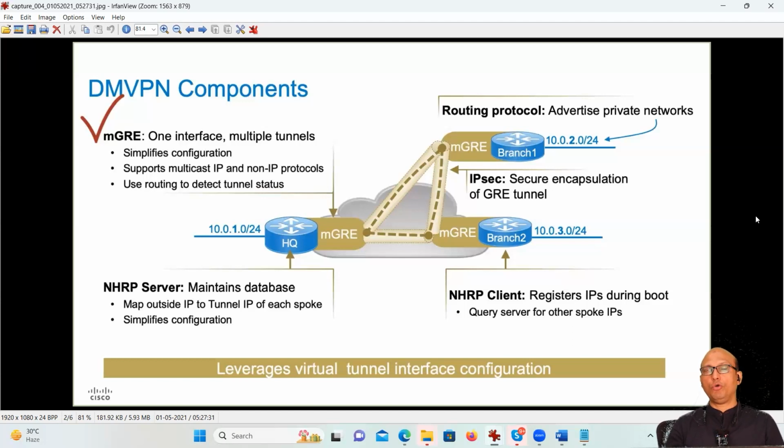How many next hops are you going to give? How many networks are you going to advertise? It becomes complicated and difficult to understand. So they said, let's not do static routing. Instead, we need to use dynamic routing protocols, because we'll have, say, 200 branches or 2000 branches in future. You never know.